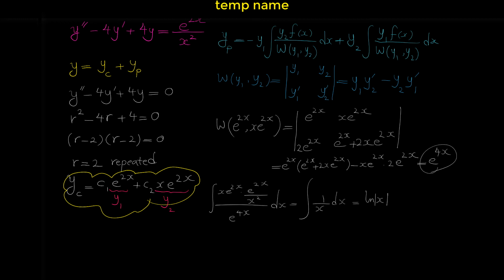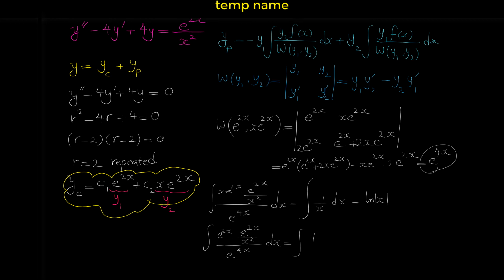For the other integral, we have the integral of y1, which is e to the 2x, times f of x, e to the 2x over x squared, all over the Wronskian e to the 4x, dx. e to the 2x times e to the 2x is e to the 4x, which cancels with this e to the 4x in the denominator.